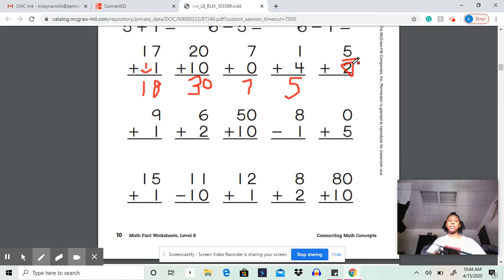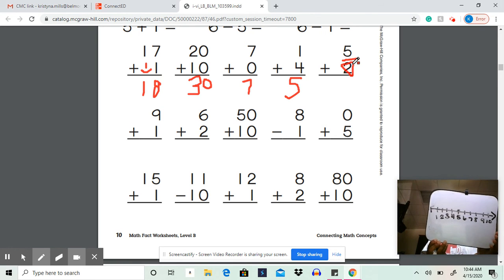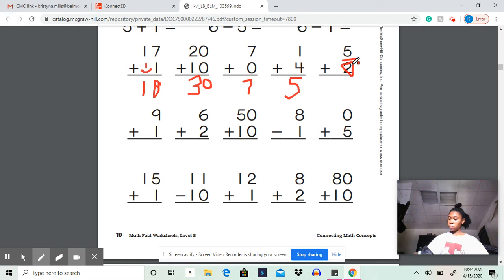Oh, that looks a mess. But we're going to start at 5, and we are going to jump 2. And I ended on 7. So 5 plus 2 equals 7. Good. Now I want you to pause the video, and I want you to finish the rest of the exercises.